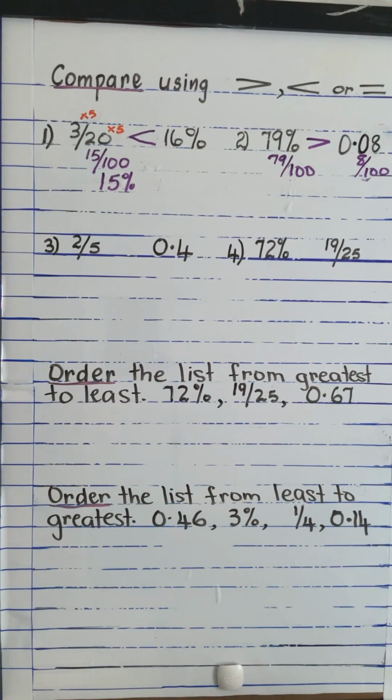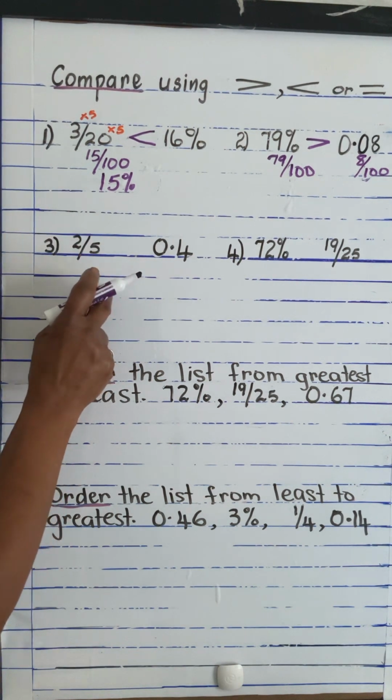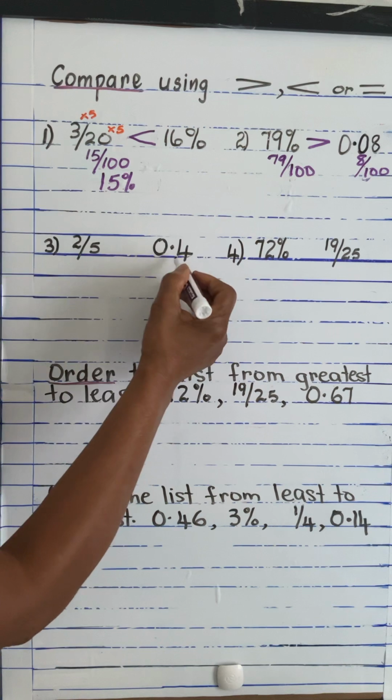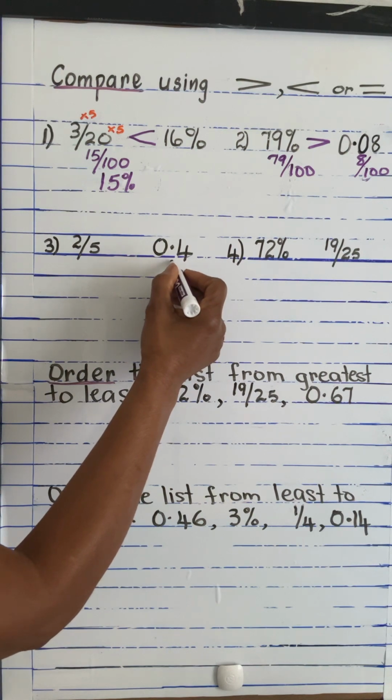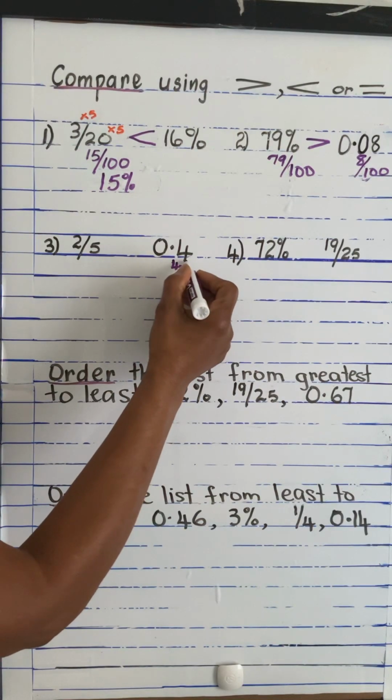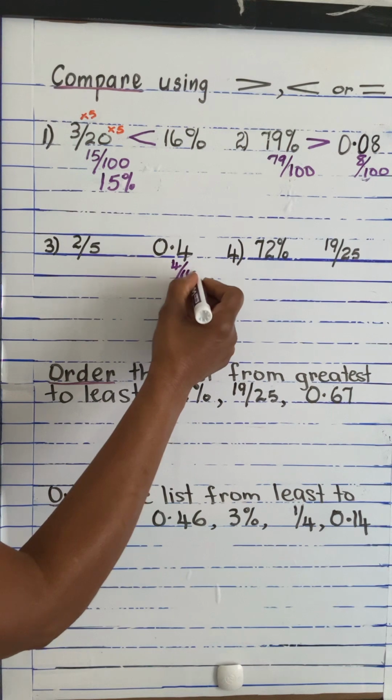Next, 2/5 and 0.04. So this is 2/5. 0.4 means 4 over 10.